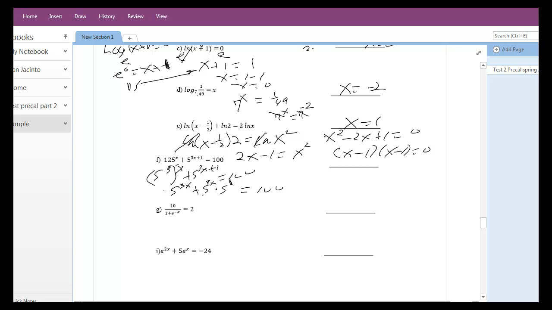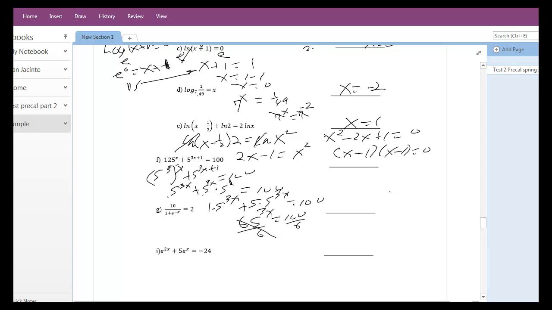Now I have 5 cubed x plus 5 cubed x's equals 100. So I have how many of those things? 6 of them, because 1 of them plus 5 of them is 6 of them. We're going to divide by 6.